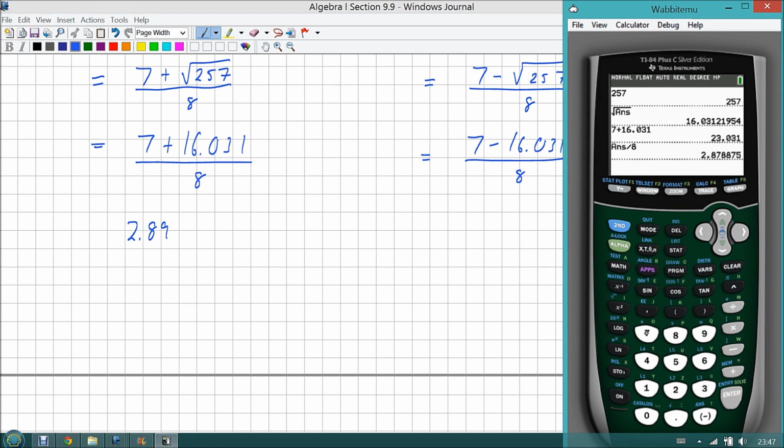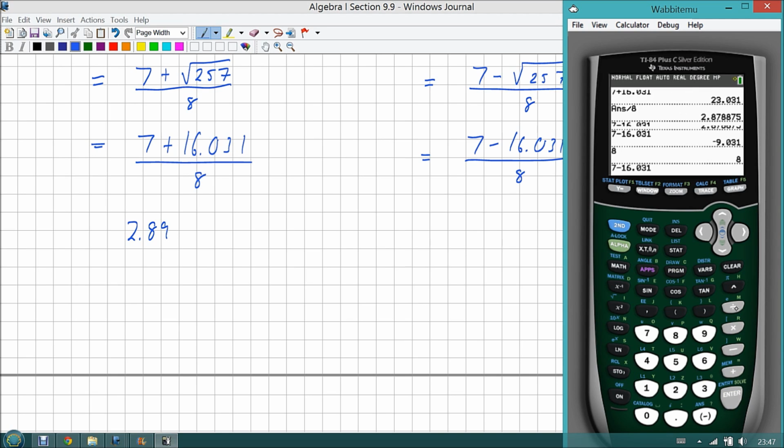And the other one, I'm going to do 7 minus 16.031, and then divided by 8. Sorry, let's try that again. 7 minus 16.031.